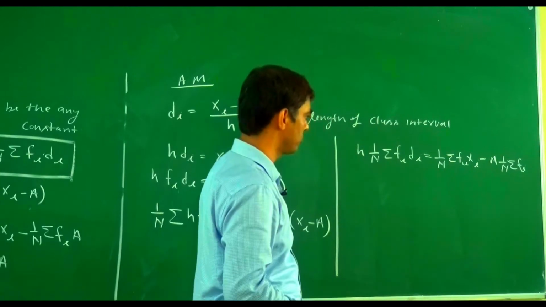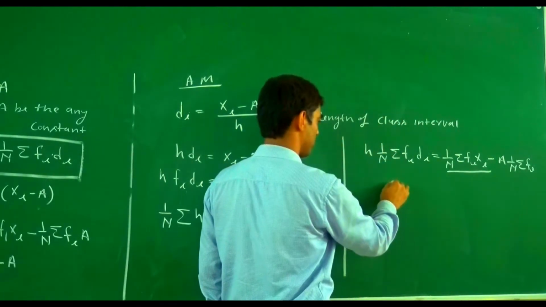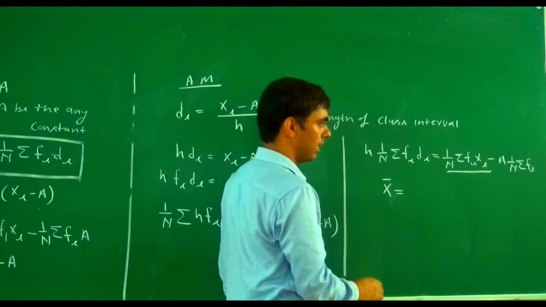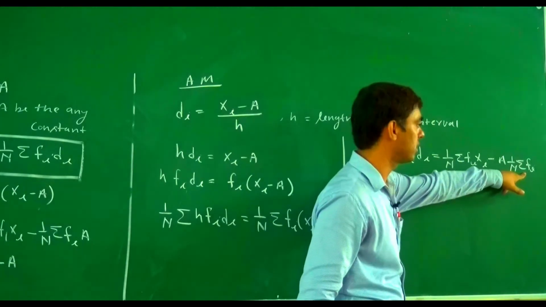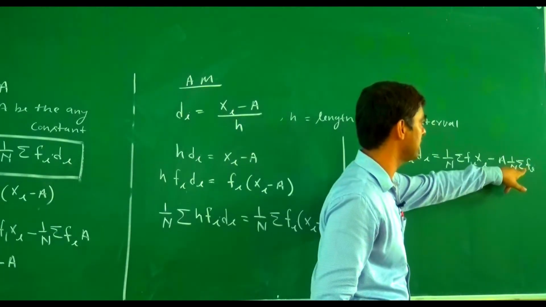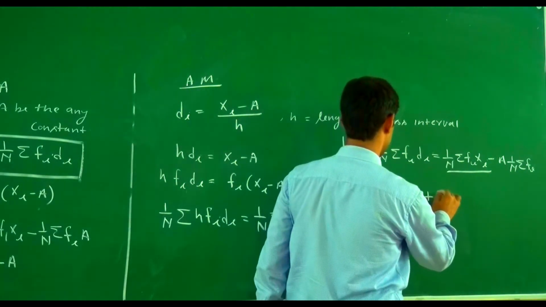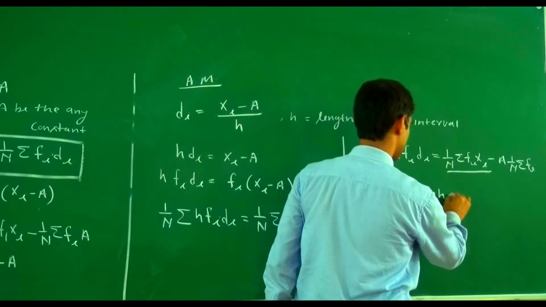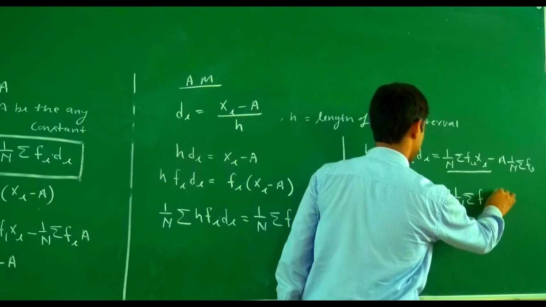If we simplify this, this becomes x bar. So x bar equals a plus, and 1 upon n summation of fi becomes capital N, capital N cancels out. So this becomes a plus h times 1 upon capital N summation of fi di.